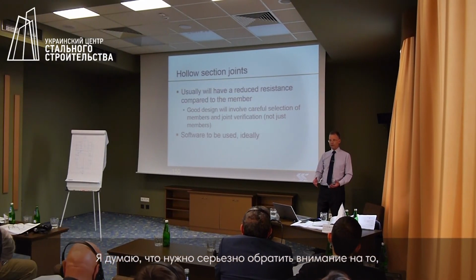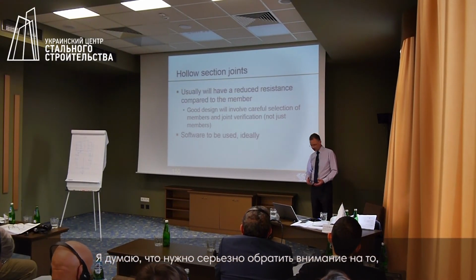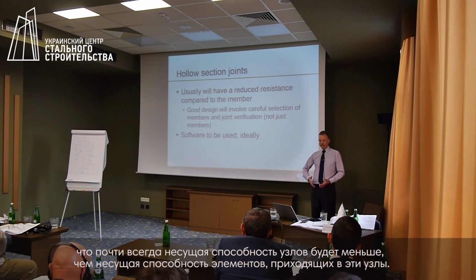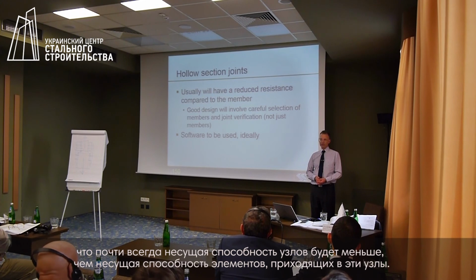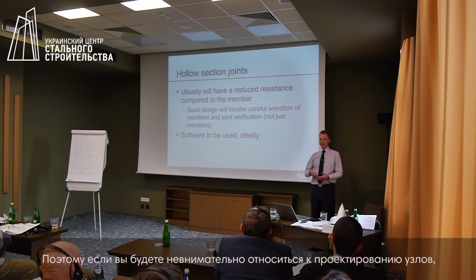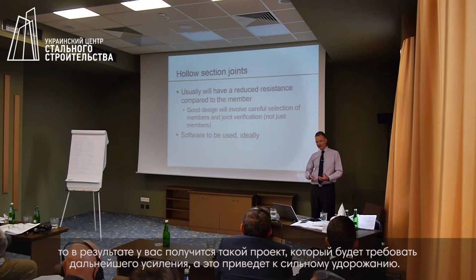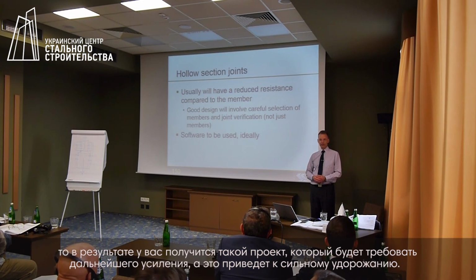I think the serious point to make is that nearly always the resistance of the joint will be less than the resistance of the member. So if you are not careful, you will be providing a design which demands strengthening, and that will be expensive.